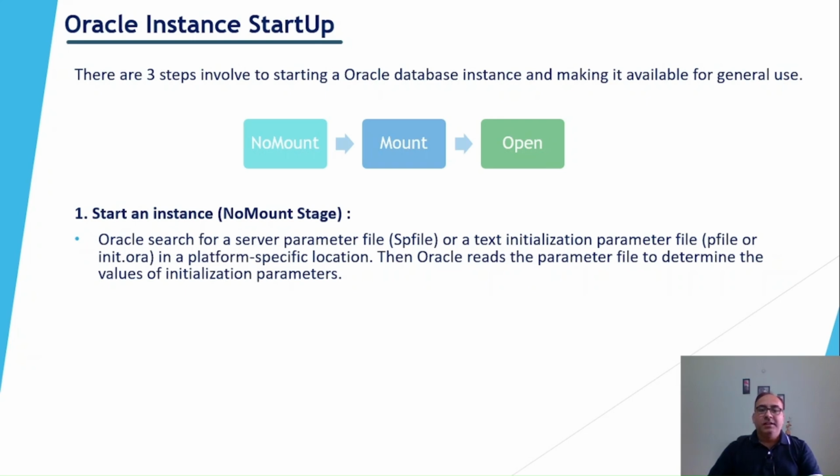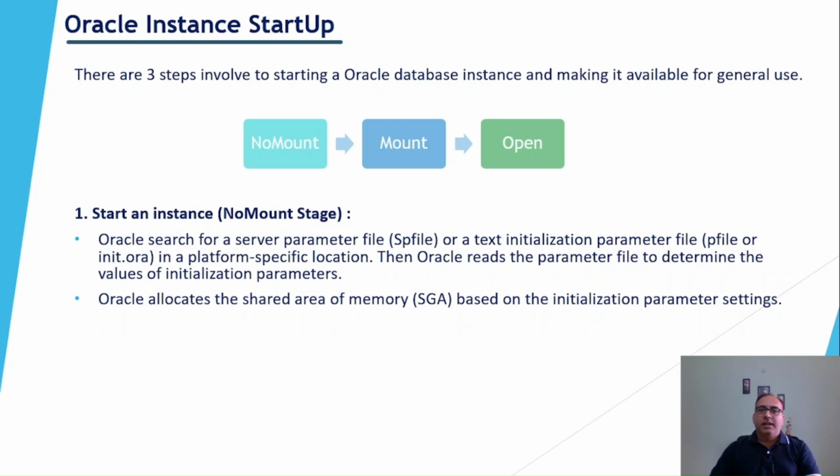In this particular stage, Oracle looks for the server parameter file, which is basically the SPFILE, or the initialization parameter file in text format, also called the PFILE. Through this file, Oracle determines the parameter values and initializes those parameters. Then Oracle allocates the shared area of memory, which is basically the SGA, as per the initialization parameter settings.